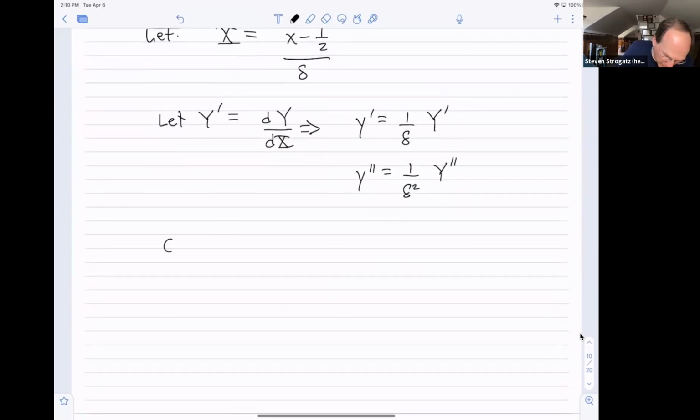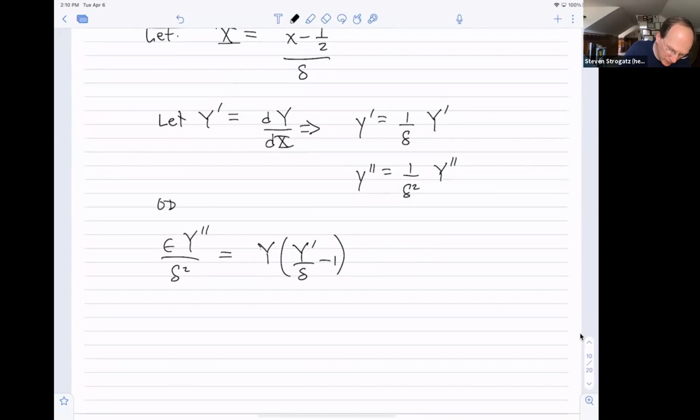And so my governing equation would become epsilon Y double prime over delta squared is Y times, sorry, I'm skipping steps, it's big Y, then Y prime over delta minus 1.